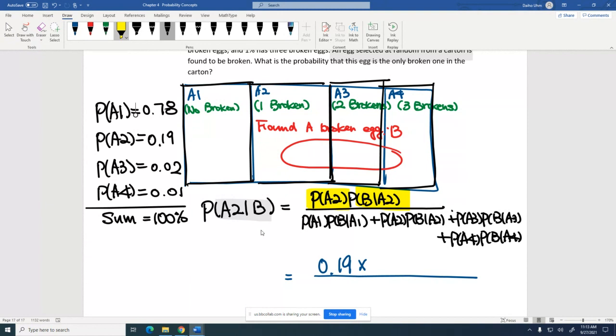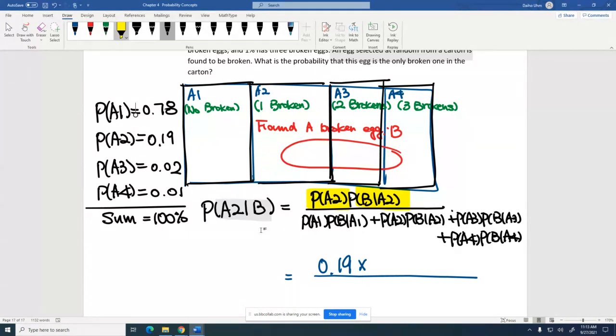Already I knew there is one broken egg. And now what is the chance when I randomly choose one of the eggs from the case? What is the chance the selected one is broken? How do you think? What is the conditional probability given A2?